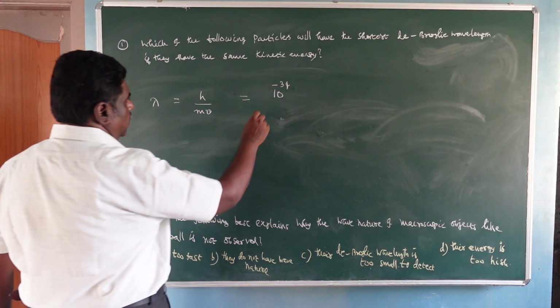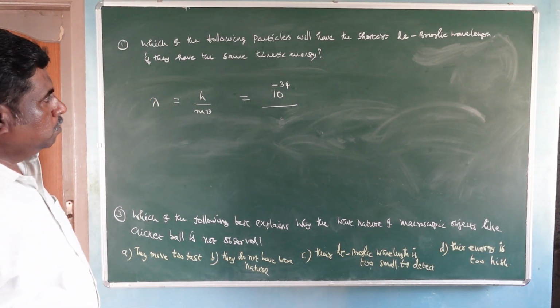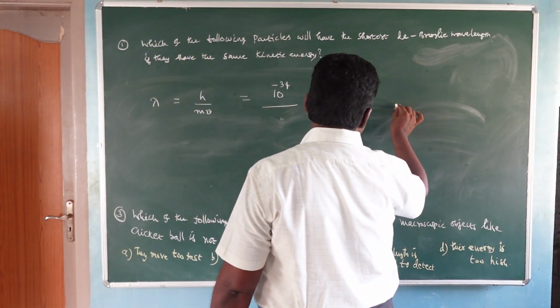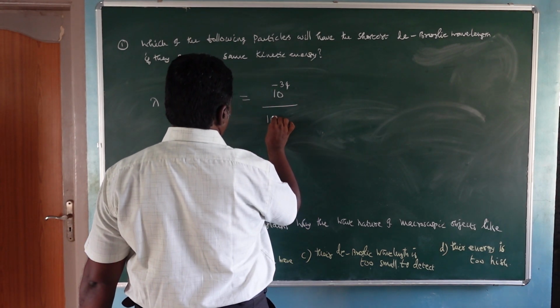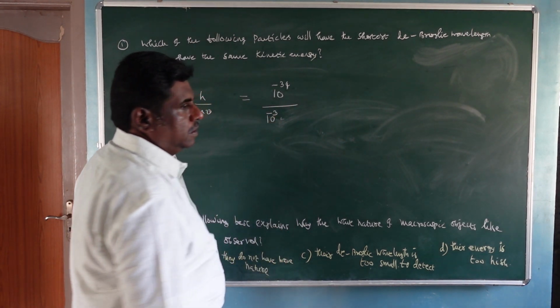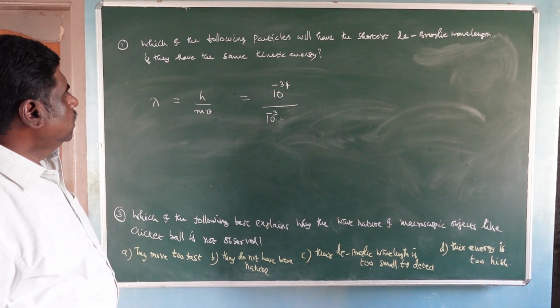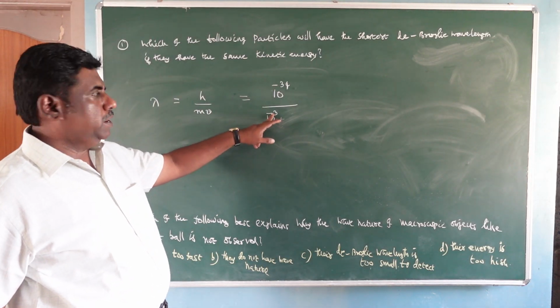If you think about a cricket ball, we may consider the mass in terms of gram, say 500 gram, 400 gram, like that. To convert gram into kilogram, we may use 10 power minus 3.